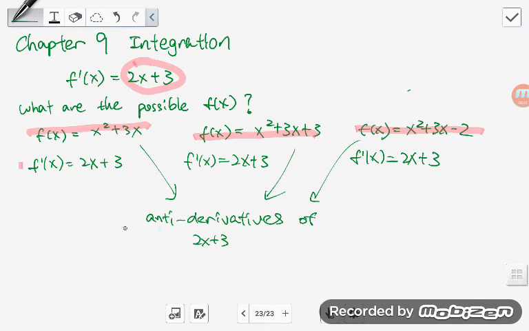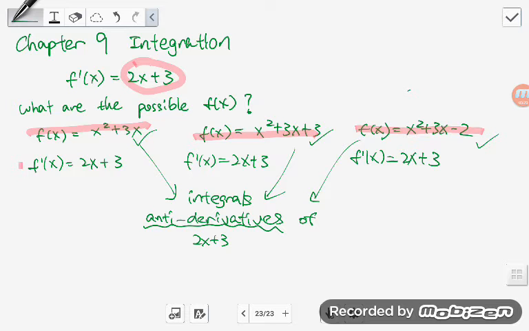Or in other words, we call them the integrals of 2x plus 3. Okay, because when I differentiate the first function, the second function, the third function respectively, they all give me a first derivative of 2x plus 3. So all of these three functions are the potential integrals of 2x plus 3.